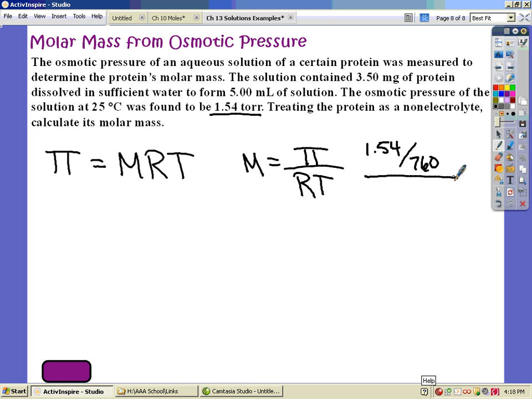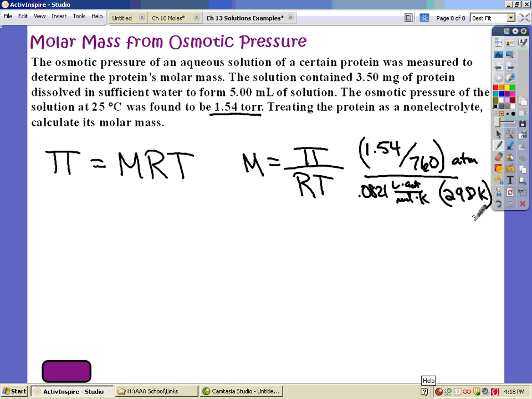I'm going to divide this by R, and this will end up in atmospheres up here. I'll take my R, which is our 0.0821, that's liter atmosphere per mole Kelvin. And then 25 degrees Celsius is 298 Kelvin.